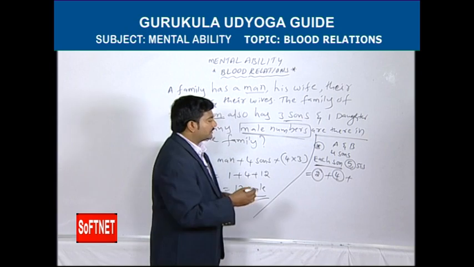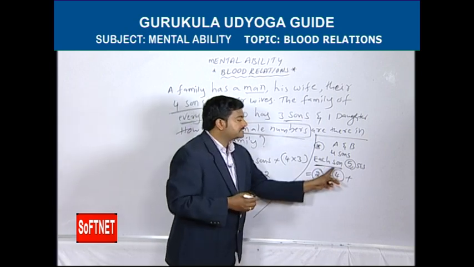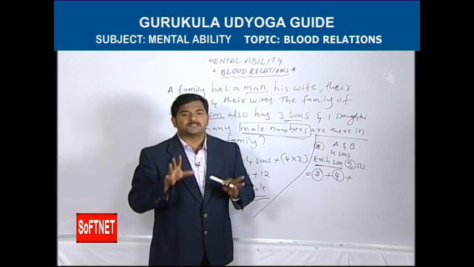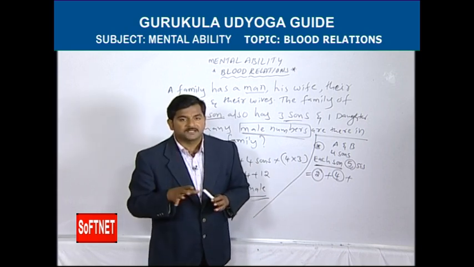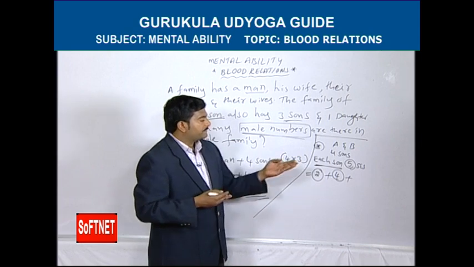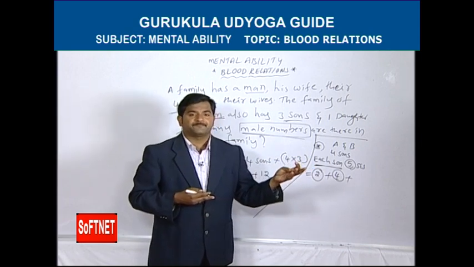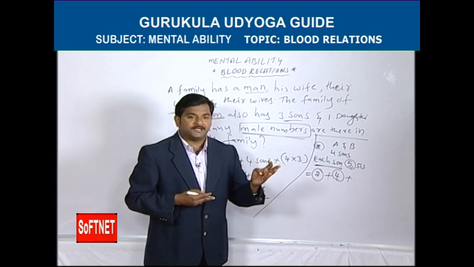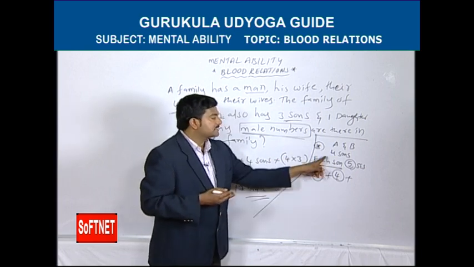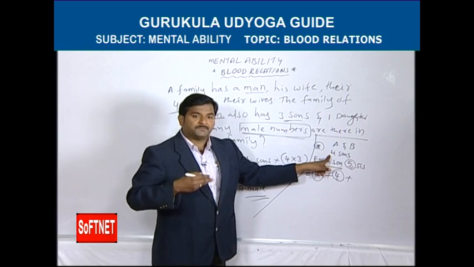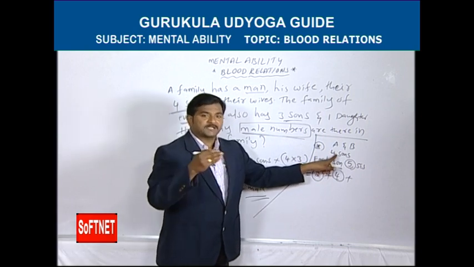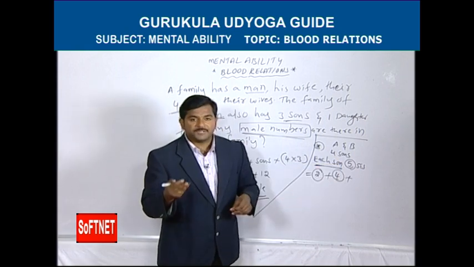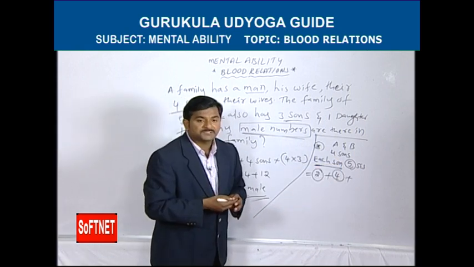Here not total 20 sisters, only five sisters. For example, let's say PQRST are five sisters in the family. These PQRST are sisters to the first son, to the second son, to the third son, and to the fourth son, and so on.